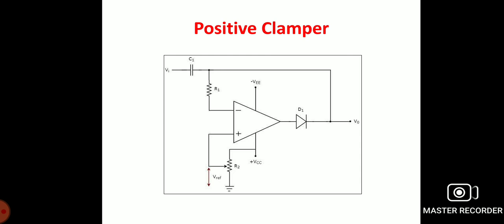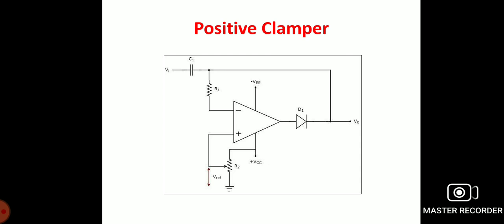This means the AC voltage signal is applied to the inverting terminal and the DC reference voltage is applied to the non-inverting terminal of the operational amplifier. The value of the reference voltage can be chosen by varying the resistance R2. In this case, we will get a reference voltage of positive value.